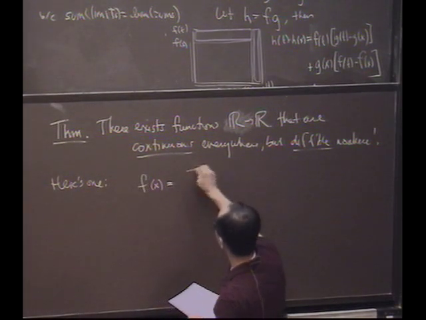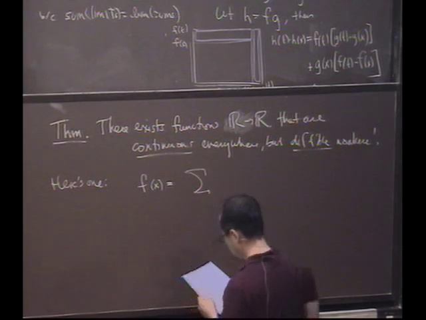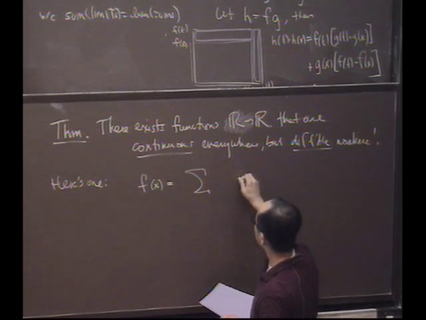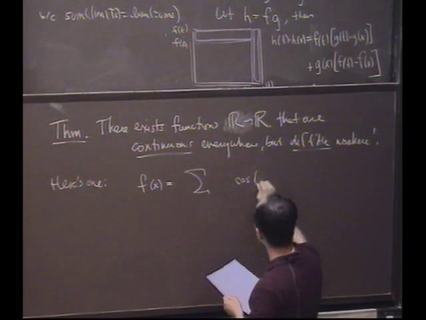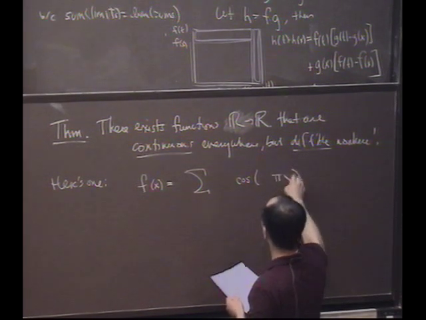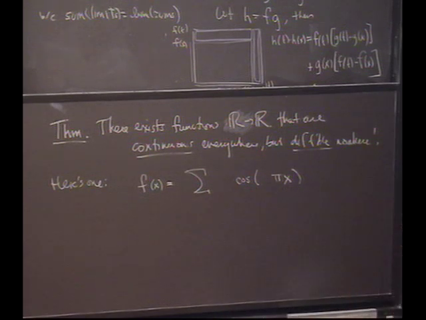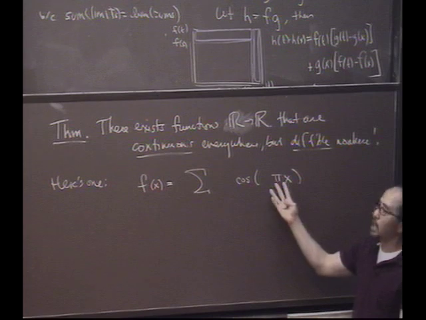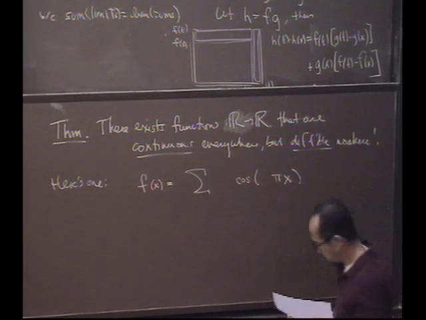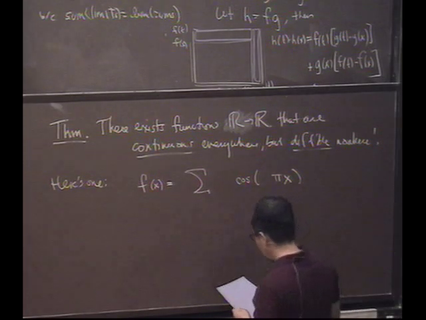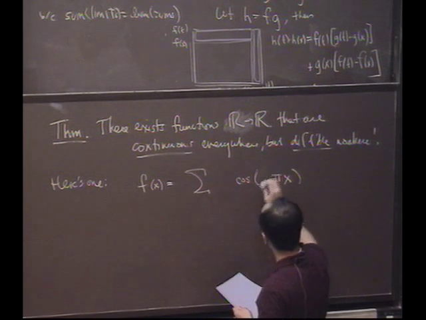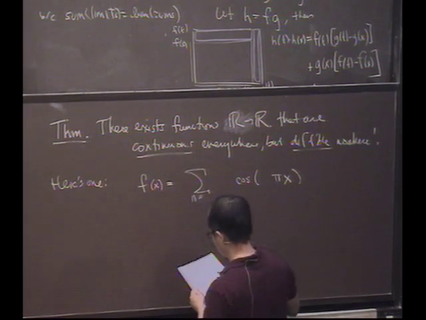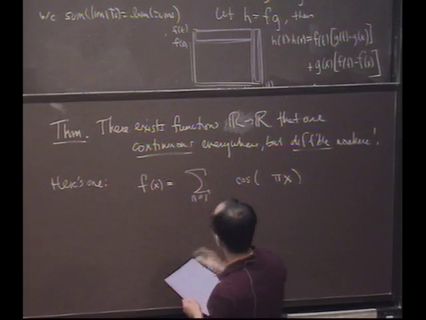Let's take the sum of a bunch of functions, each of which are cosines. Cosine of something. I'll just put the pi in here just for fun. And I'm going to let this sum go from n equals 1.